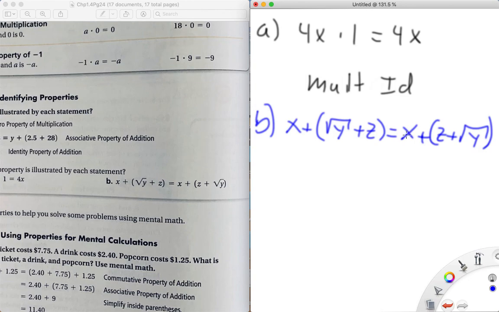Here we have x in the first, z is second, and the square root of y is third. Notice that the parentheses is in the last two numbers being added, and here likewise. So it is not the associative property of addition. This is the commutative property of addition, because the order switched. The y and the z switched, so we switched the order. Therefore, it's the commutative property of addition.